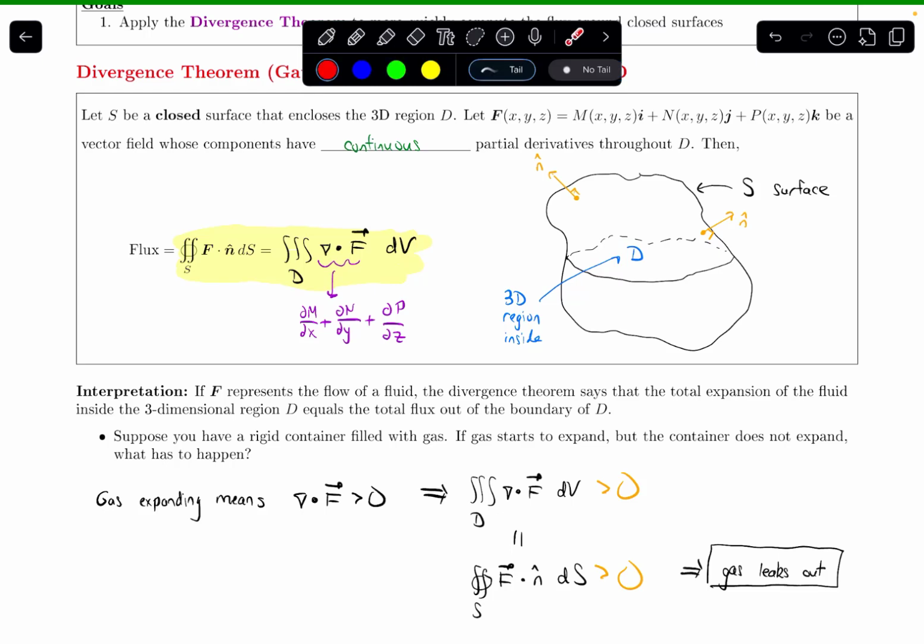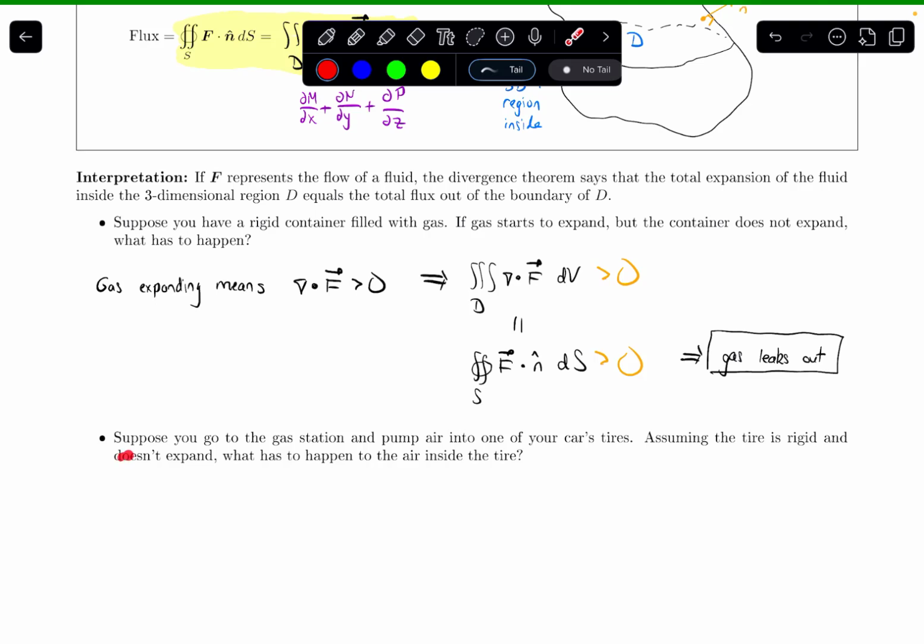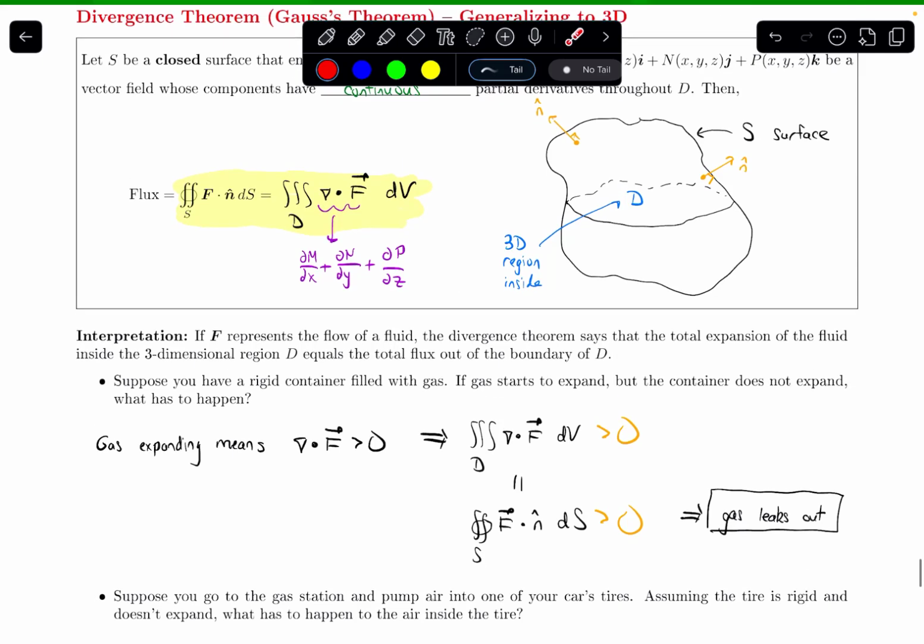Okay, let's do one more follow-up to this. Now let's suppose that we go to the gas station and pump air into one of your car's tires. Assuming the tire is rigid and doesn't expand, what has to happen to the air inside the tire? This is not a great picture, but imagine that this 3D surface is the boundary of my tire.